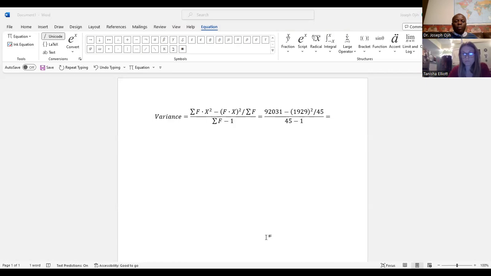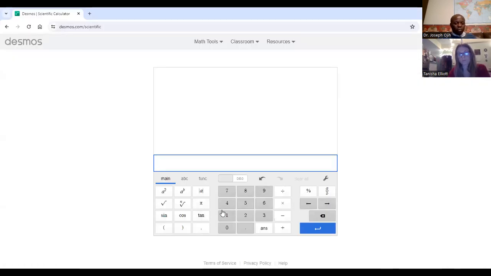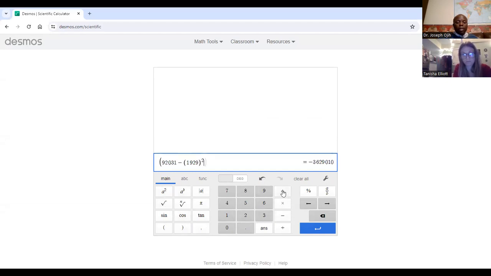Be careful when putting it in a calculator, because there's a way you put it that will give you the wrong answer. So you have the sum of f times x squared, which is 92031, minus 1929 squared divided by 45.